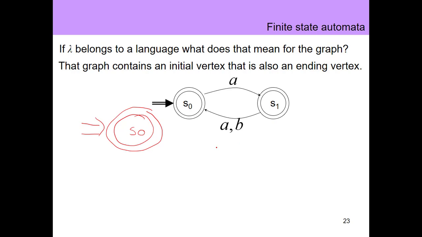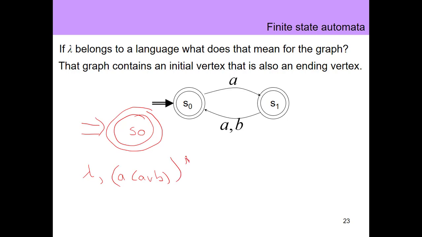So I have several combinations. What could I do? I could start with S0 and then immediately end, and so lambda is part of this language. I could also say, okay, let's take an A and then go back with an A or a B. And then I'm back in S0 again, and I could repeat this as often as I like.